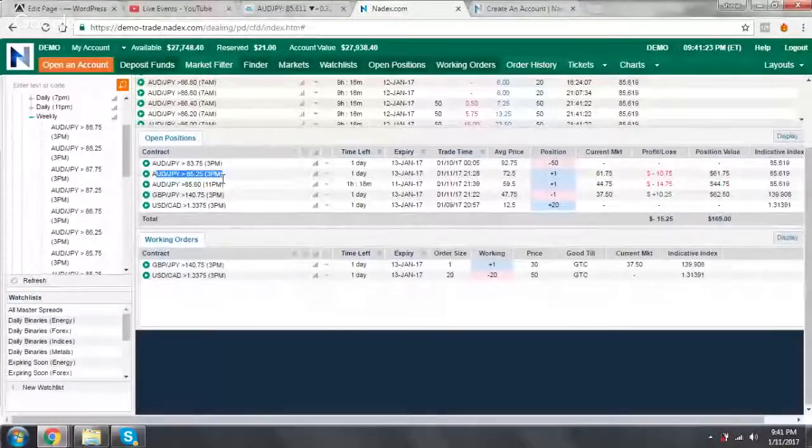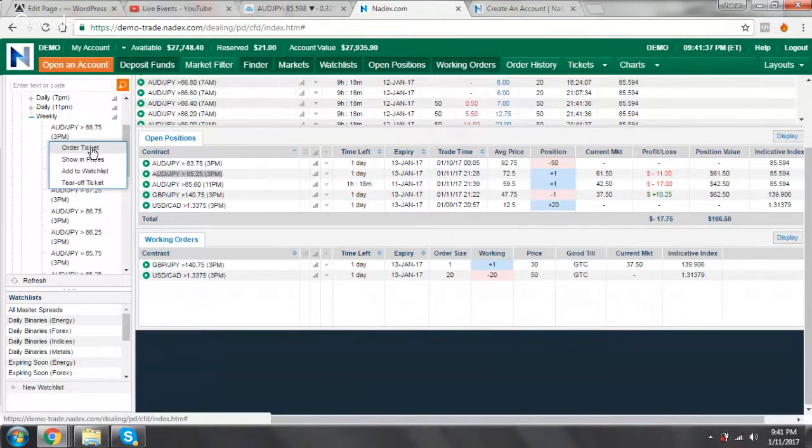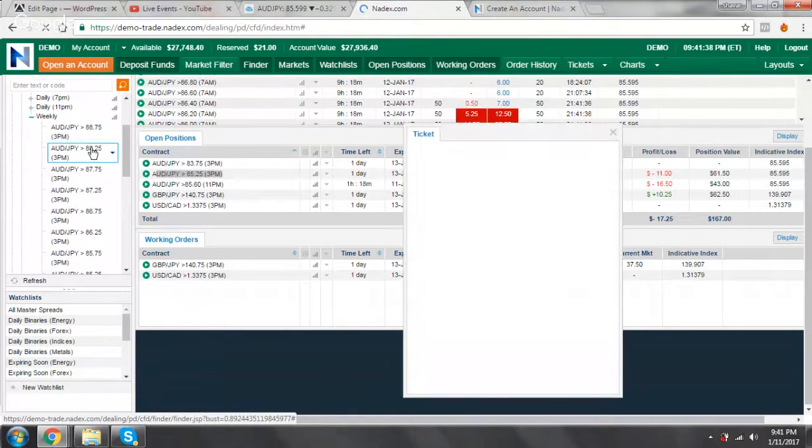All right, so a signal will say AUD/JPY greater than 88.75. So you go to Forex binaries, AUD/JPY, click weekly contract, 88.75. Then you click that. Then from there, I would say sell or buy.